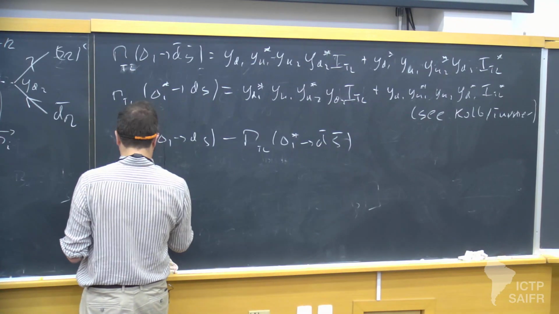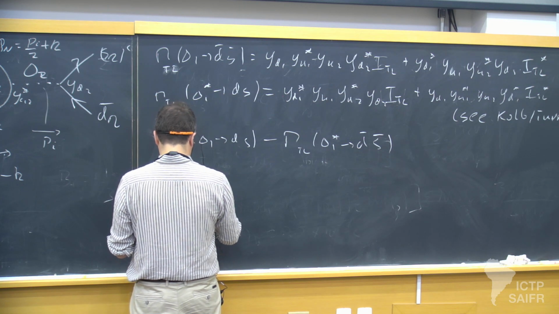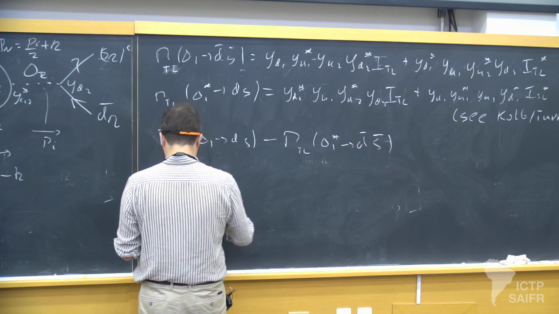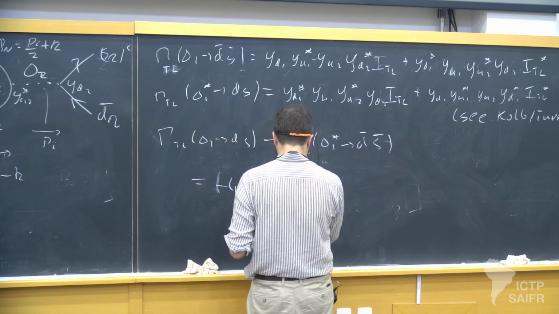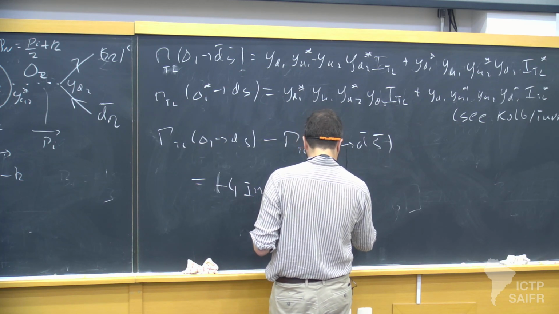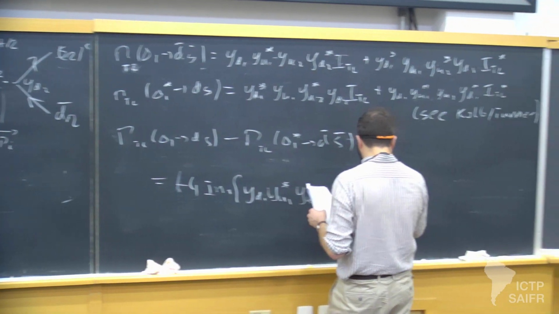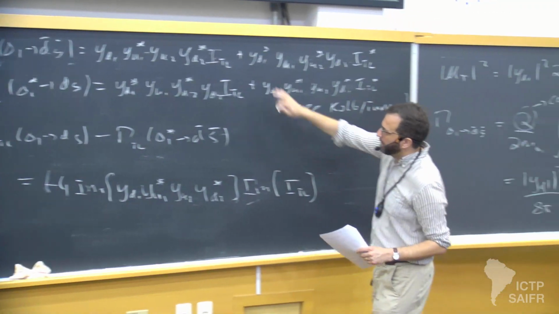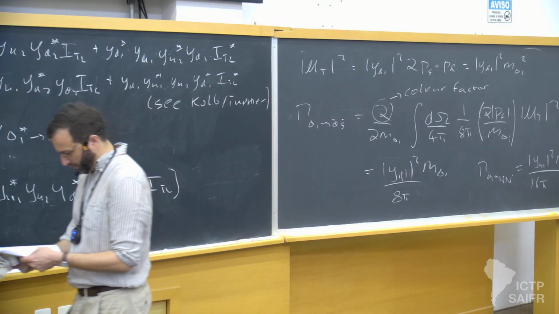Okay, and then you find this difference, and you find that this is equal to -4 imaginary part of the couplings, which we argued has a physical phase, YU2, YD2 star, and the imaginary part of the interference, the kinematic part of the interference diagram, okay? So, very good.